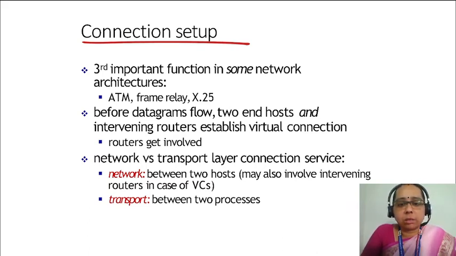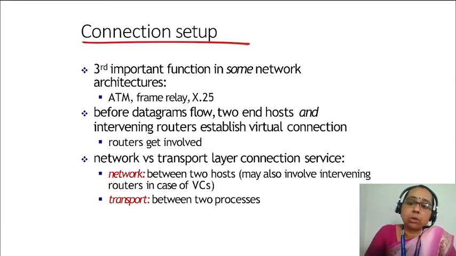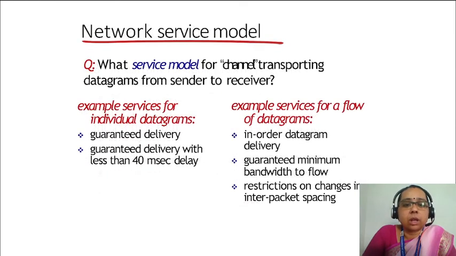These are some of the algorithms we will use for defining the connections. Network versus transport layer connection service: the network layer is between two hosts that communicate, whereas the transport layer is communication between two processes. These are the two differences between them.